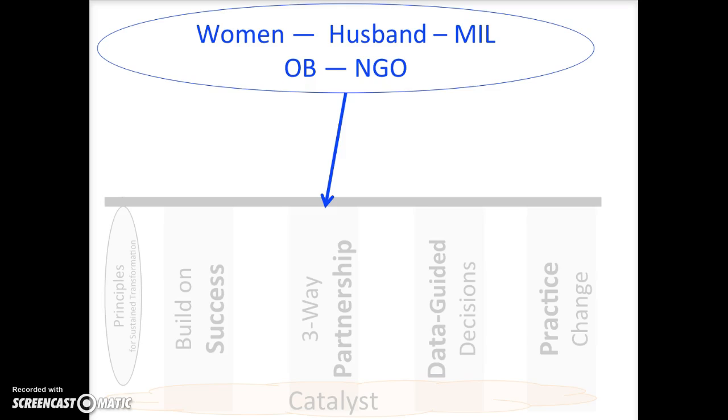So now you have a female-female alliance between the wife and the mother-in-law. And with this husband-based permission, which was the cultural norm, the wife was now able to come to this women's only workshop.